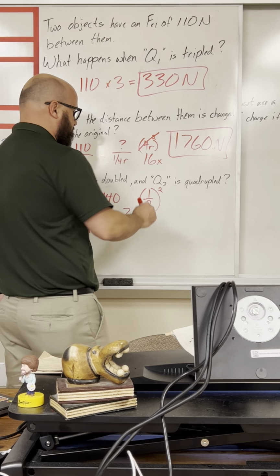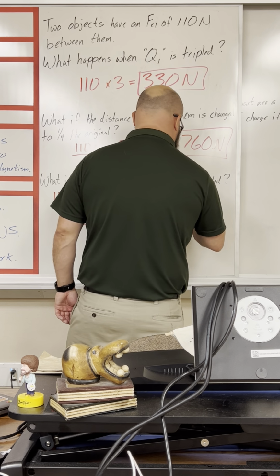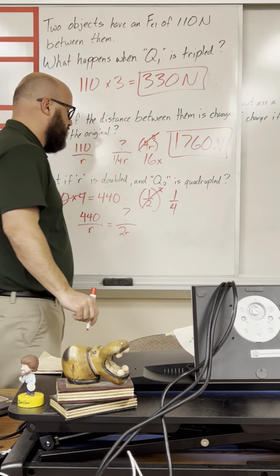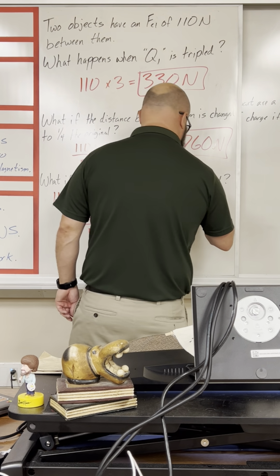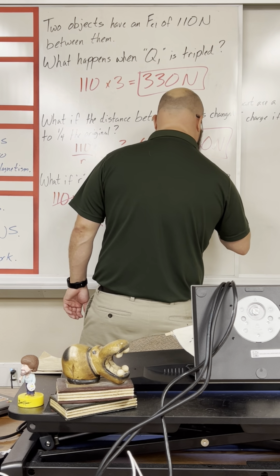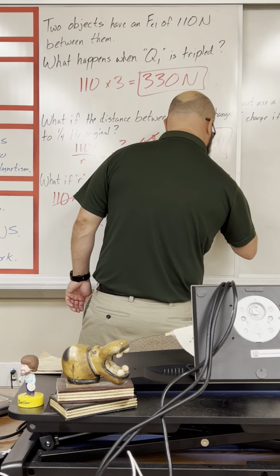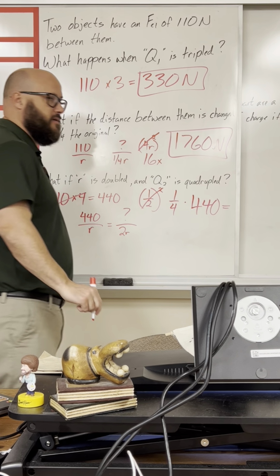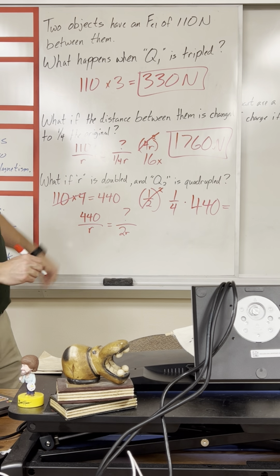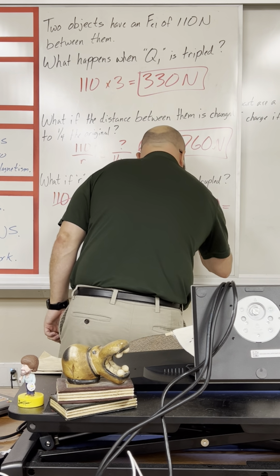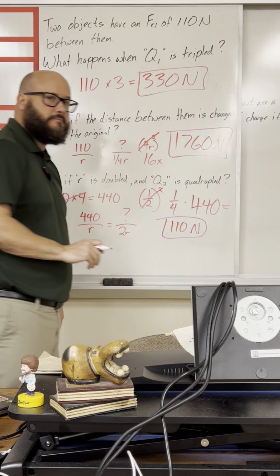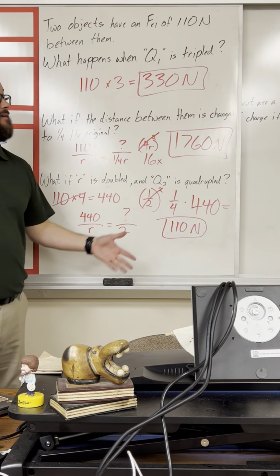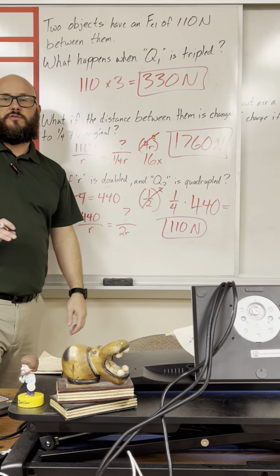When you multiply that 1/2 squared, you get 1/4. So now that force is going to be 1/4 of the original. So 1/4 times 440. And guess what? We're right back to that same force, 110 newtons. So that's basic electrical force problems.